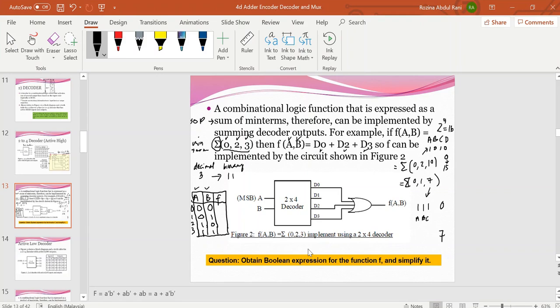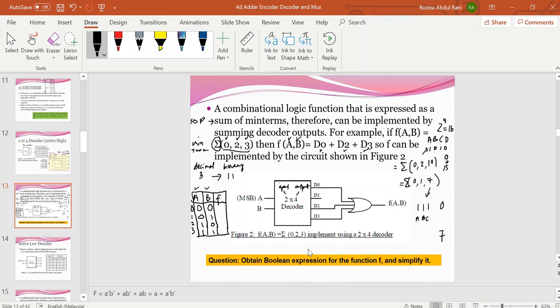So this equals F(A, B) equals D0 plus D2 plus D3. This is the output from the decoder. A 2 to 4 decoder means we have 2 inputs, and 4 refers to 4 outputs.